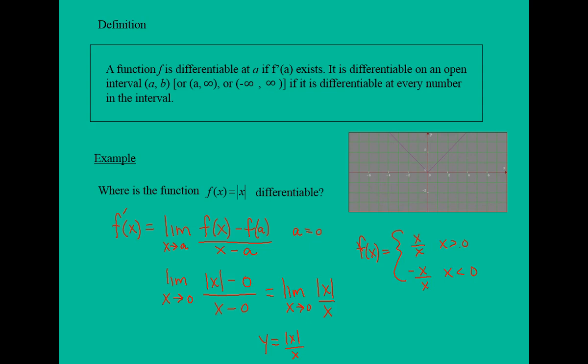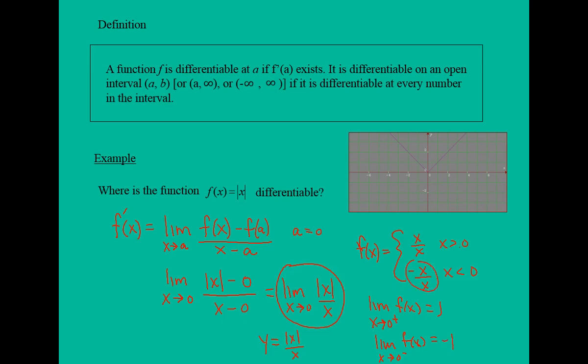Now, if we analyze this limit using our one-sided limits, the limit of f of x as x approaches 0 from the right is going to be positive 1, but the limit of f of x as x approaches 0 from the left is going to equal negative 1.